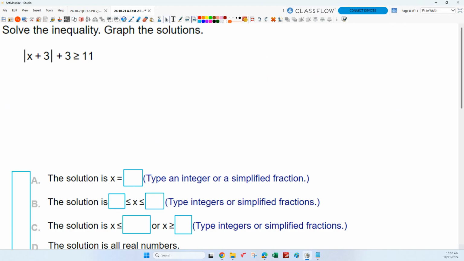Okay, now absolute value inequalities. Okay, so very similar. What's first step when I'm solving an absolute value inequality? Isolate the absolute value, just like an equation.